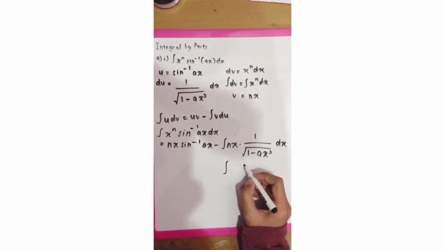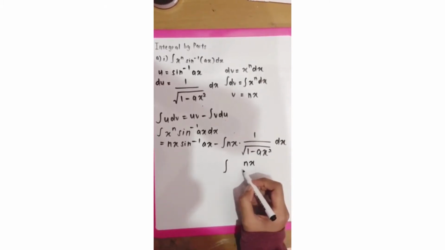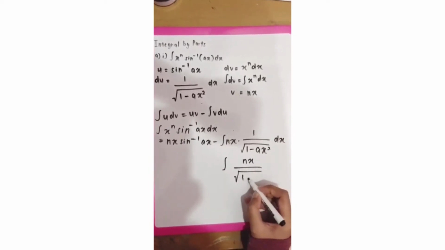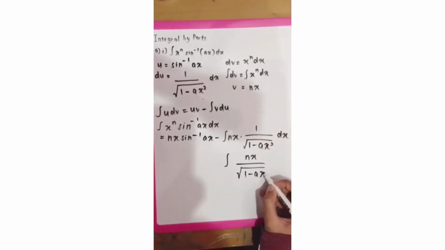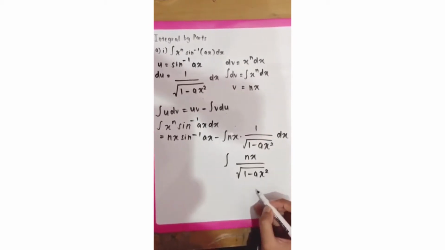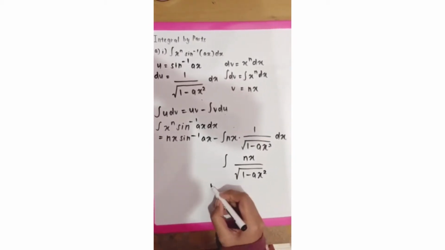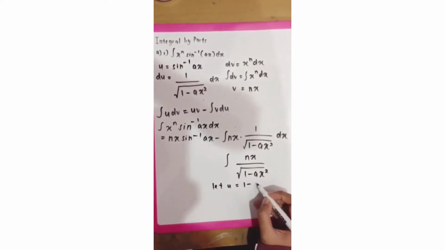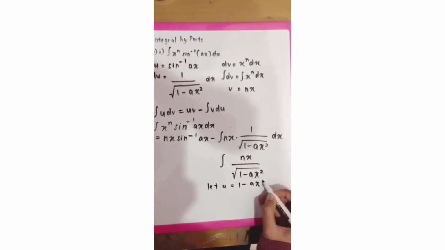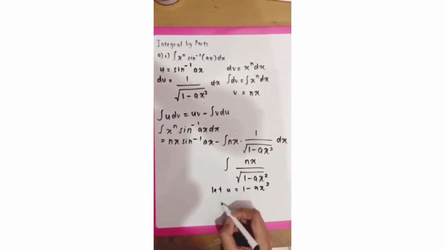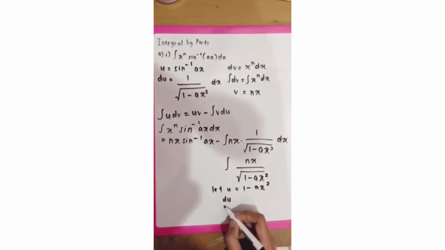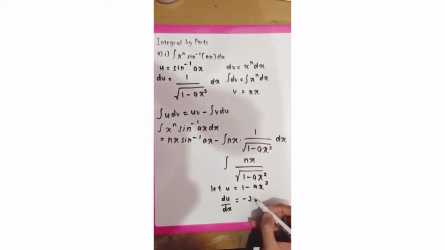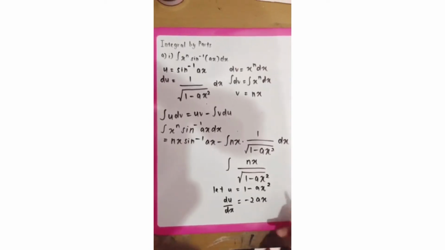So nx over, we just expand it, square root of 1 minus ax squared, and that's u, 1 minus ax squared, and the du over dx will be -2ax.